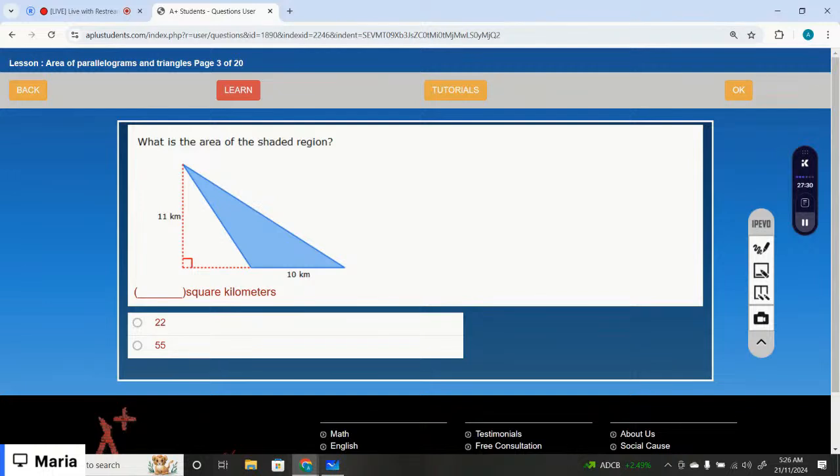So the correct option is option number 2, that is 55. Option number 2 is the correct option.